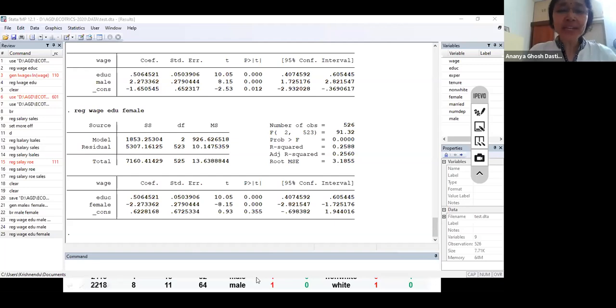Vajida, when we are studying intergroup differences, please explain how we can use dummy variables. My dear, that is what I did. If you are doing intergroup differences, regress y on all your x's and the dummy or the dummies, and interact the dummies with all of the explanatory variables.